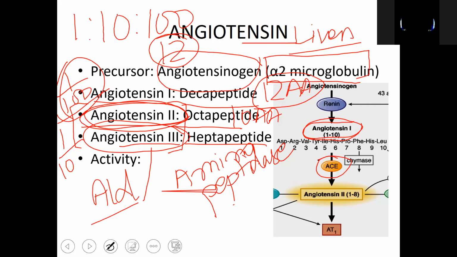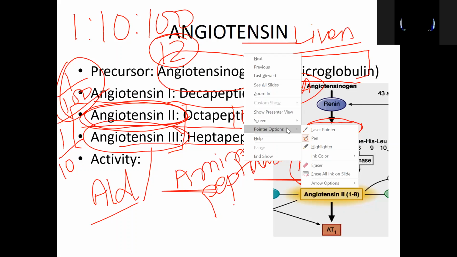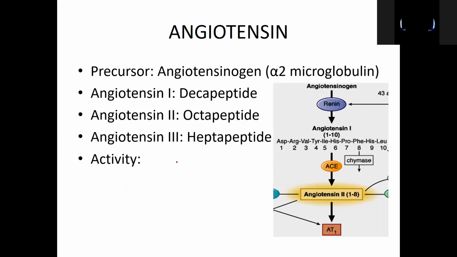Further, one more thing: it is actually angiotensin converting enzyme 1, ACE, you may say ACE1. So what is ACE2 then? Recently you must have heard about the corona. The coronavirus enters the human cell with the help of another thing. It gets anchored to the human cell with the help of ACE2, angiotensin converting enzyme 2.